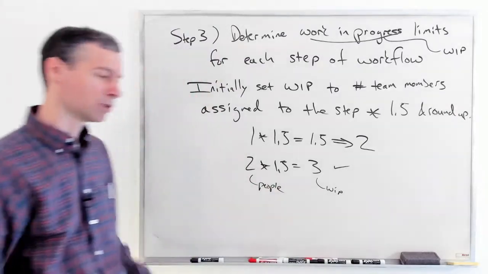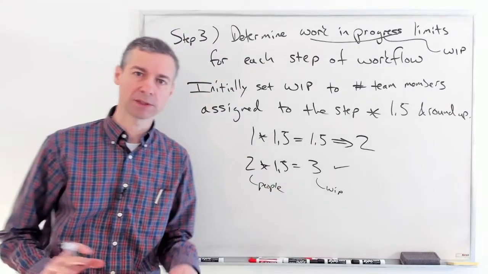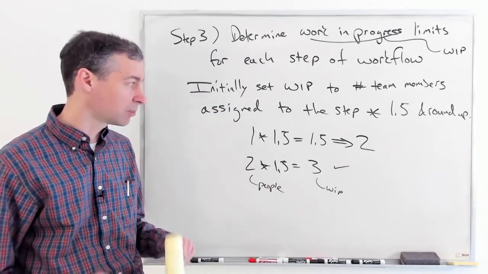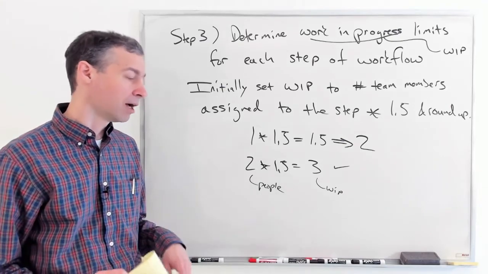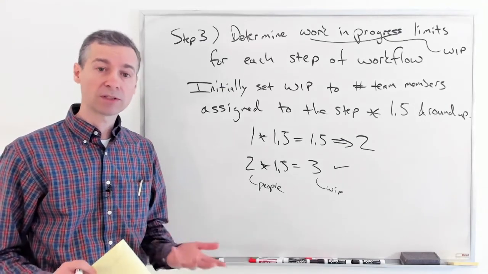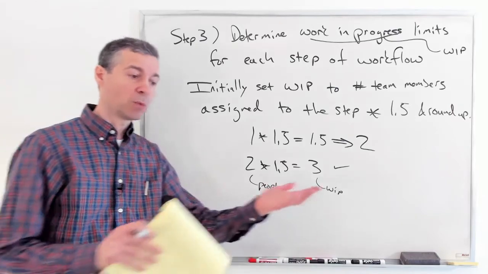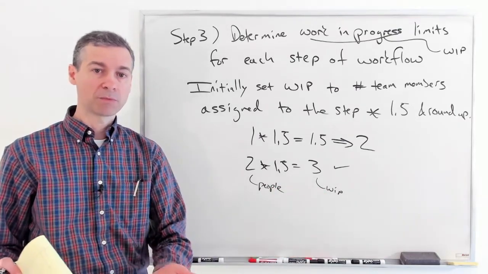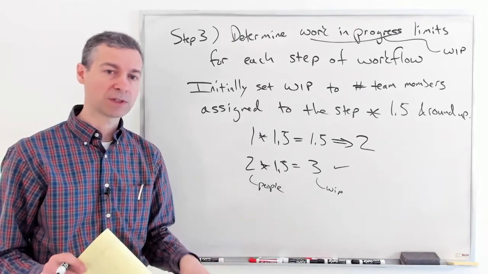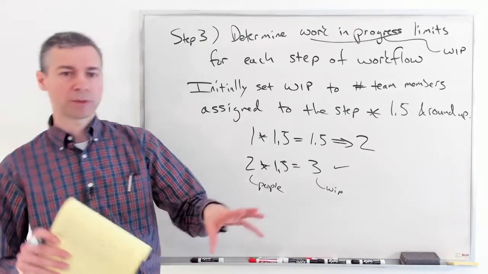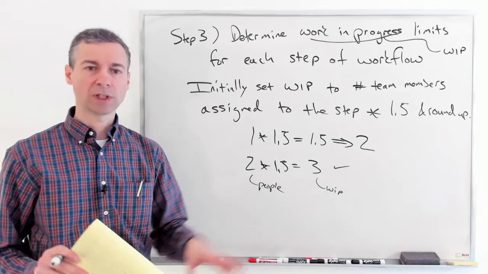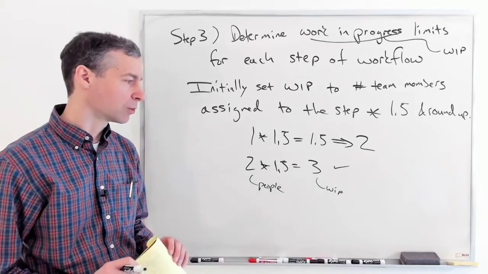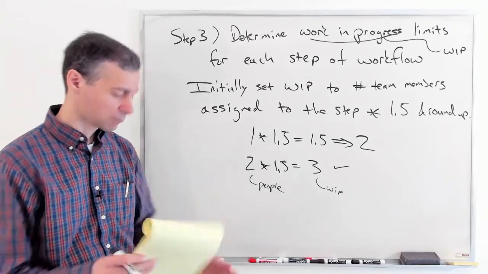There's a little bit of leeway built into the system. The notion is that yes, there would be 1 item per person normally. You're going to see once we get to this that there needs to be a little bit of wiggle room allowed for the work in progress limits. Okay.